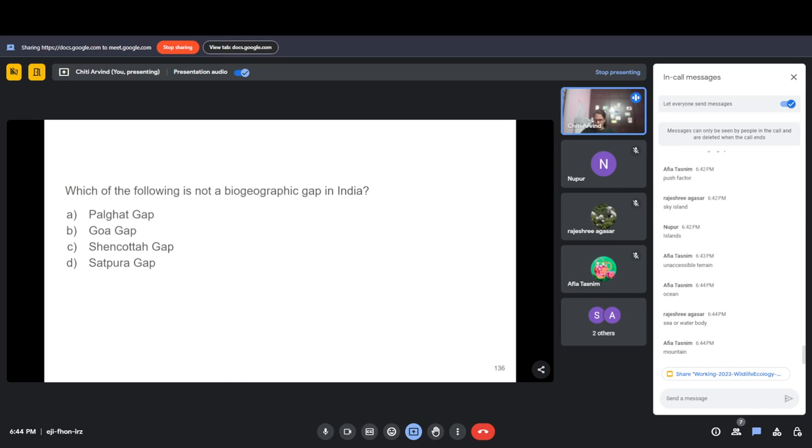Mountains, okay. So if a mountain is suddenly coming in between another flat area, sure. What about the opposite? In a sky island system, islands in mountain tops of these sky islands, what here is a biogeographic barrier?